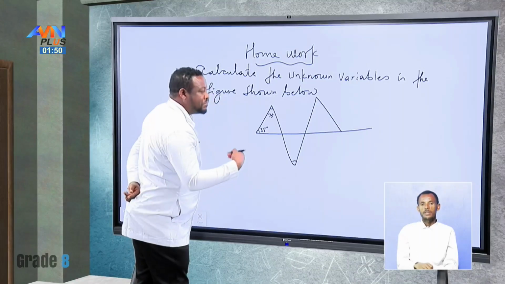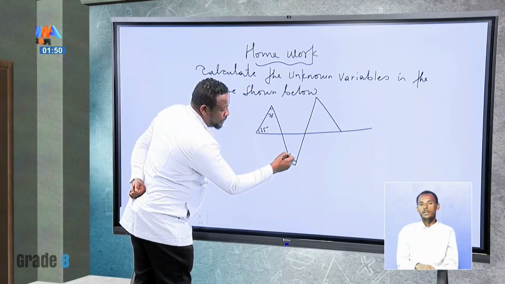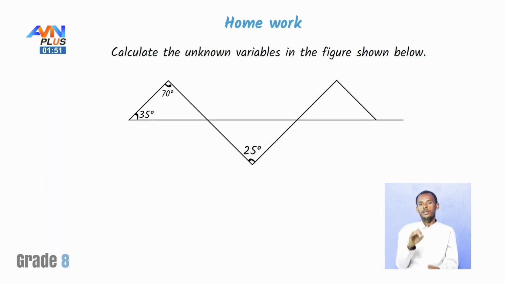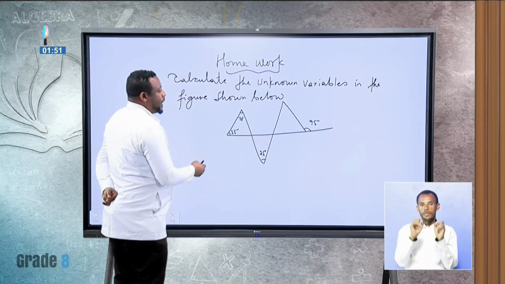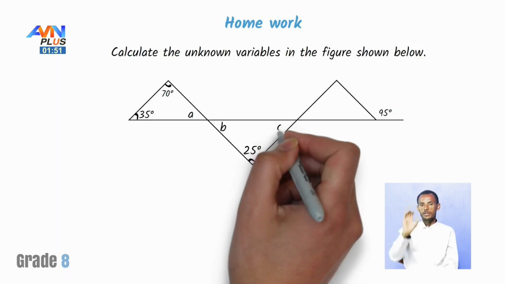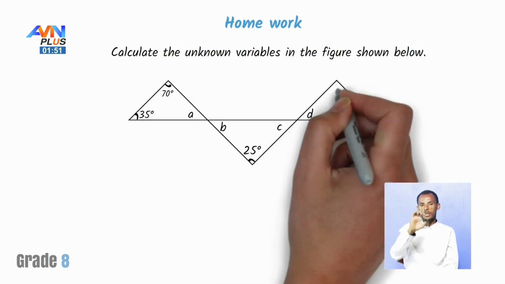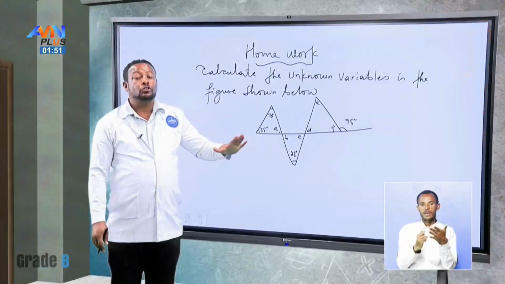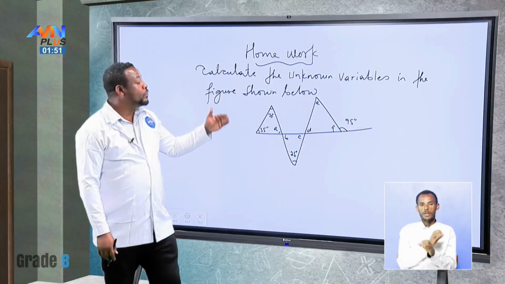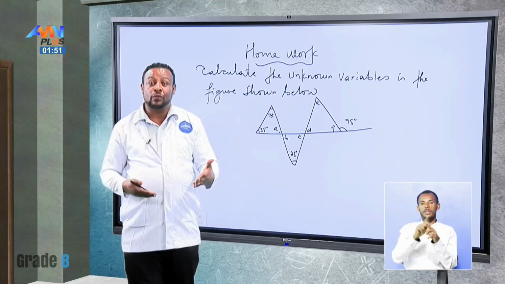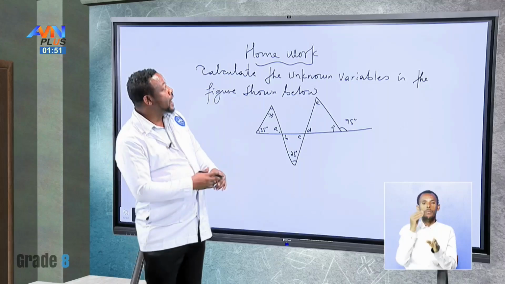Assume this angle is 25 degrees and this is 95 degrees. Say the angles are A, B, C, D, E, F. From this figure, you are asked to calculate the unknown variables A up to F. This is a practice question for you. Take this as your homework.